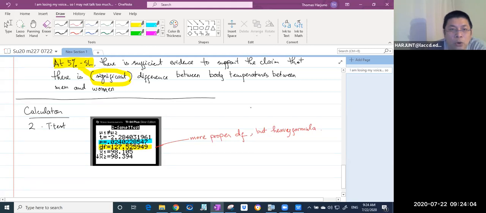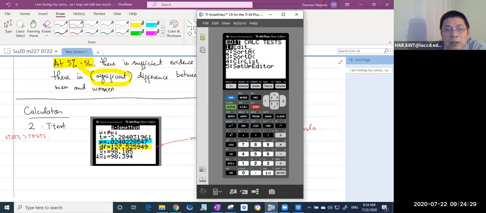Okay. So when you use the calculator, you go to stats, and then go to test, and then you do 2-sample t-tests. Now, if we take a look at the options we have here in stat test, the Z-test is if we have one parameter and known population standard deviation.